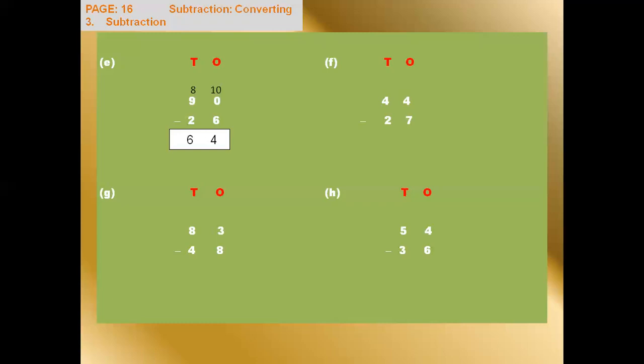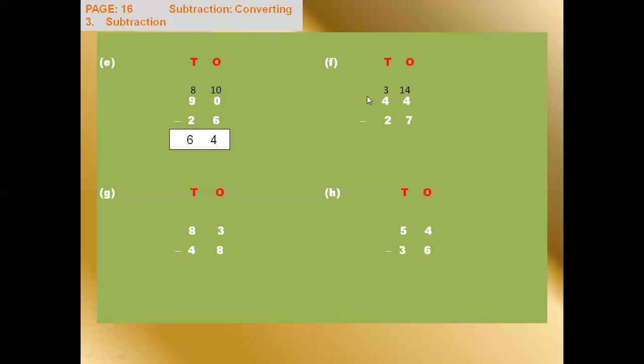Next, F. 44 minus 27. Again, 4 is smaller than 7. So we will borrow 1 from the tens, and this 4 becomes 14, and the other 4, because it gives 1 to the ones, will reduce and become 3. 14 minus 7 and 3 minus 2.